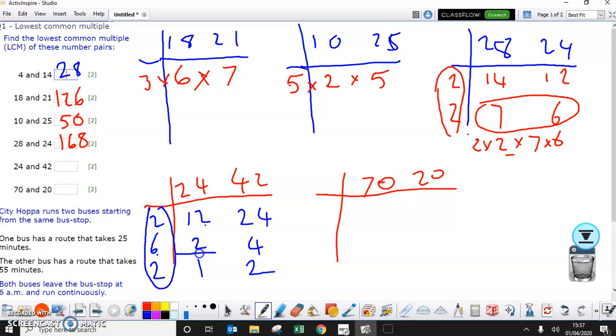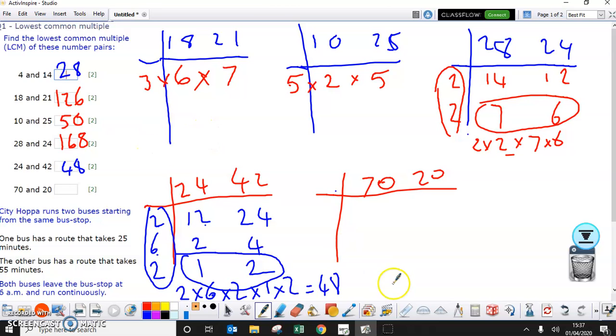So I end up with 2 times 6 times 2 times 1 times 2. 2 times 6 is 12. Times 2 is 24. Times 2 is 48. So 48 is that one.